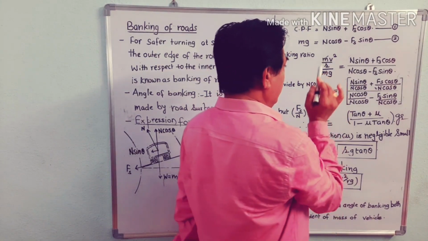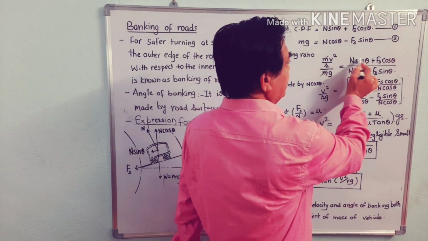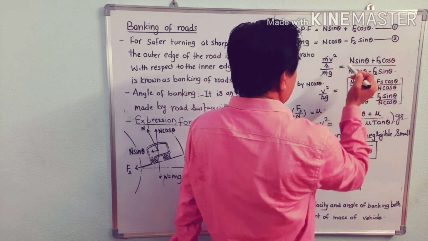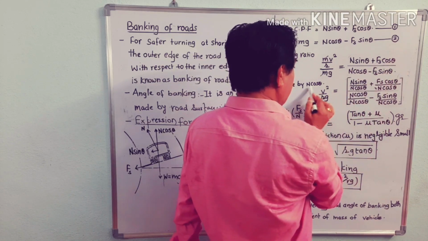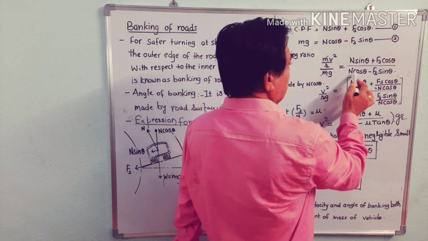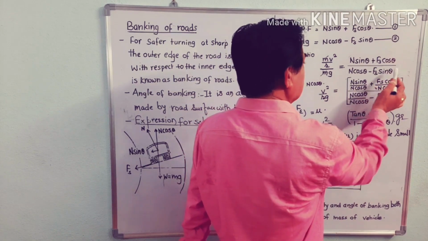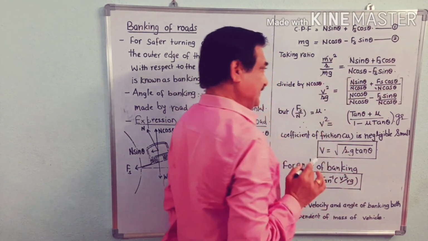It means we will divide N sin theta by N cos theta, Fs cos theta by N cos theta, then N cos theta by N cos theta, and Fs sin theta by N cos theta.